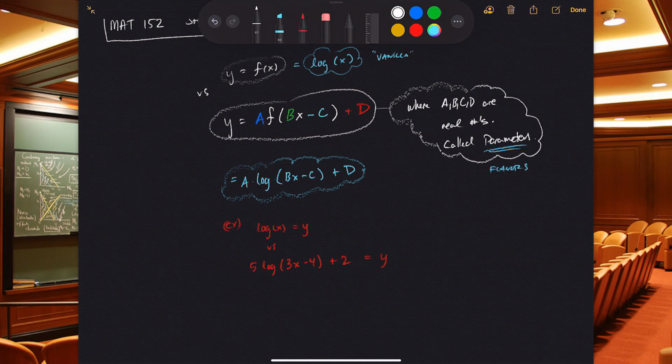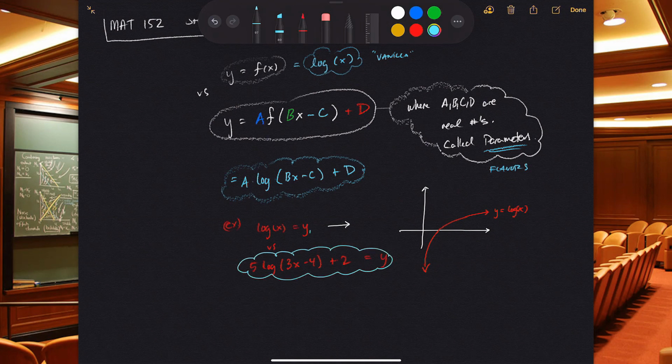Well, let's remember how the regular log function looks. When we graph it, it passes through (1, 0) and has a vertical asymptote at x equals 0. And now how about this different version? So if this is y1, how about y2? Each of these parts contributes something to the graph.